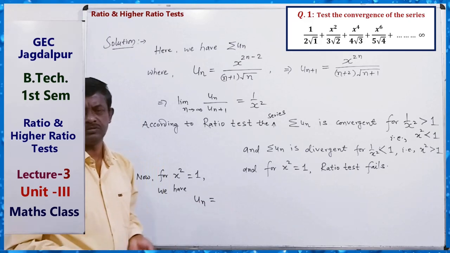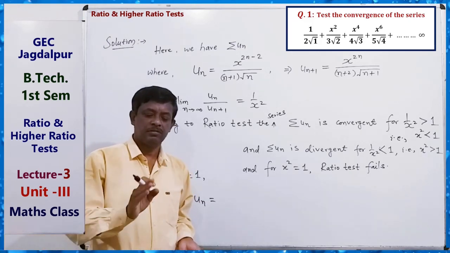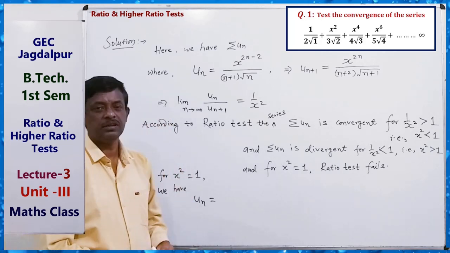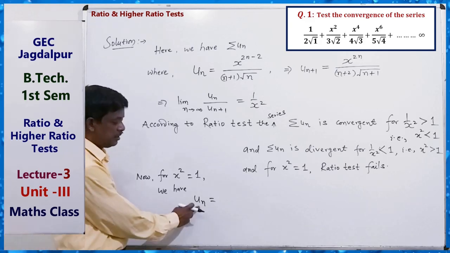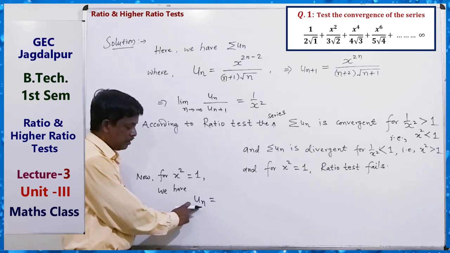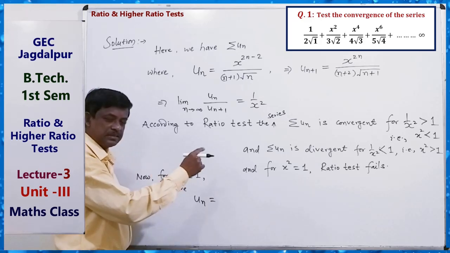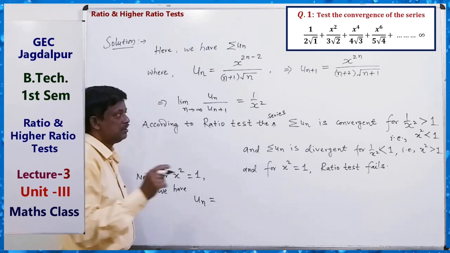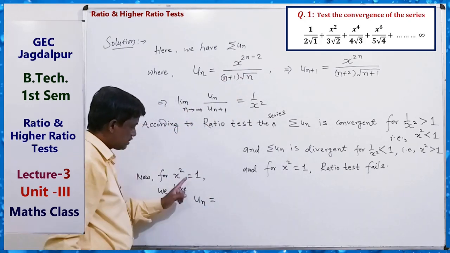Comparison test we can use, because we know that for comparison test we are finding helping series Vn from un, if un can be expressed as a series of 1 by n.